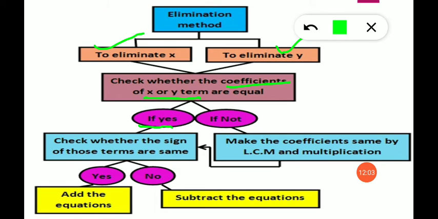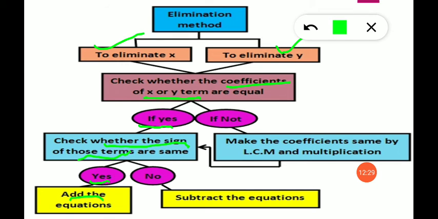If they are equal, then we have to check the sign, and if the signs are same, then we have to subtract the equations, and if the signs are different, we have to add the equations.